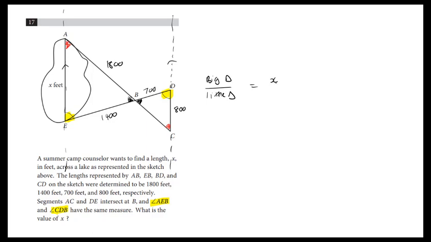So x is the big length there for that triangle, and I'm going red angle, yellow angle, so the corresponding side is 800 for the little triangle, and then that has to equal the ratio of big over little again, but we need to use the 700 there, so it has to be yellow to black, black to yellow, so it has to be 1400 over 700.